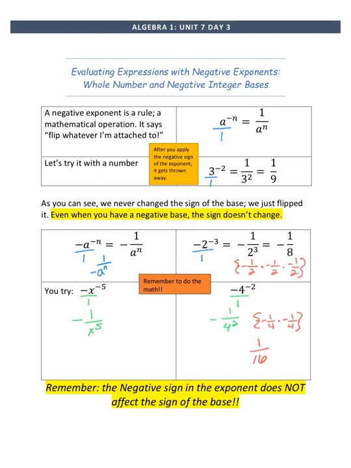So I'll give you a little hint. Odd number exponent stays negative. There's your hint, okay? If you have an odd number exponent and you have a negative number, it's going to stay negative.